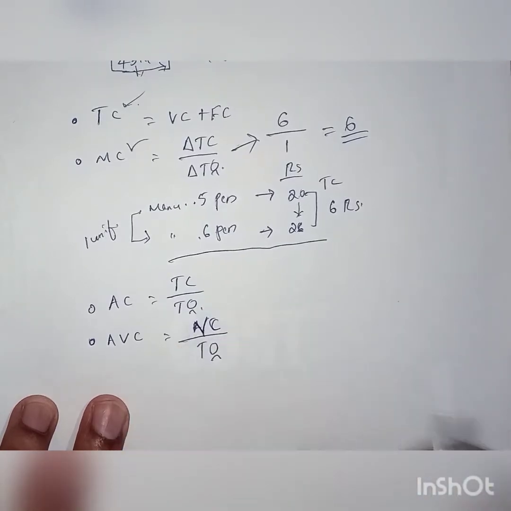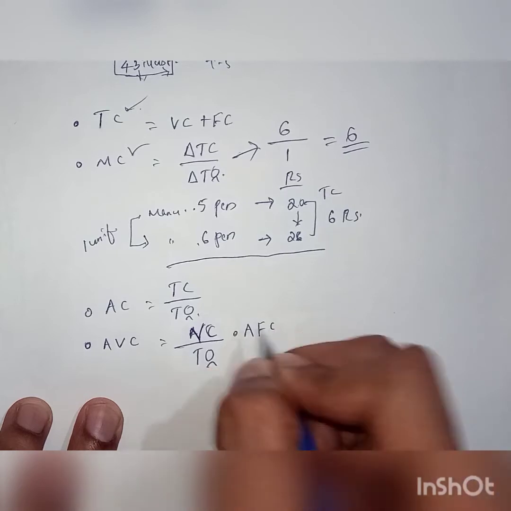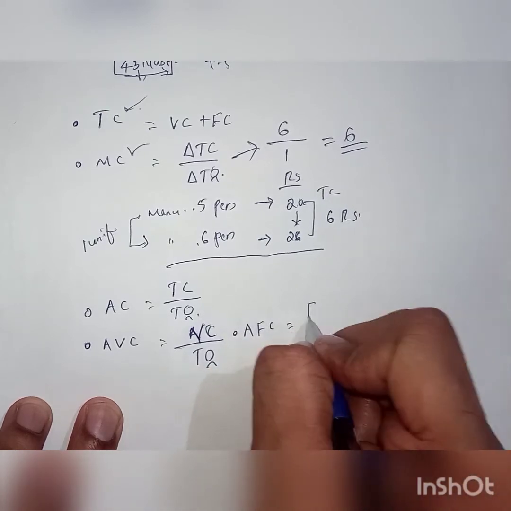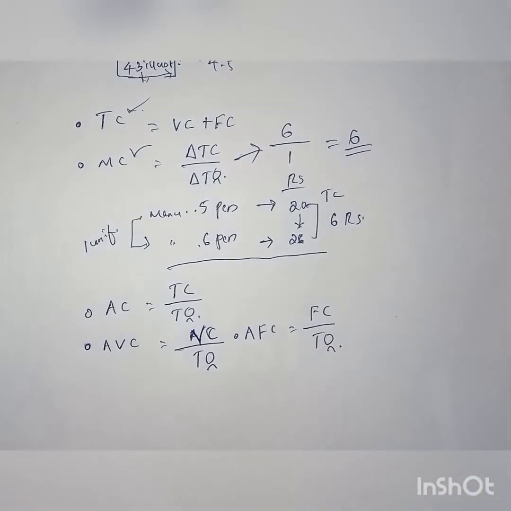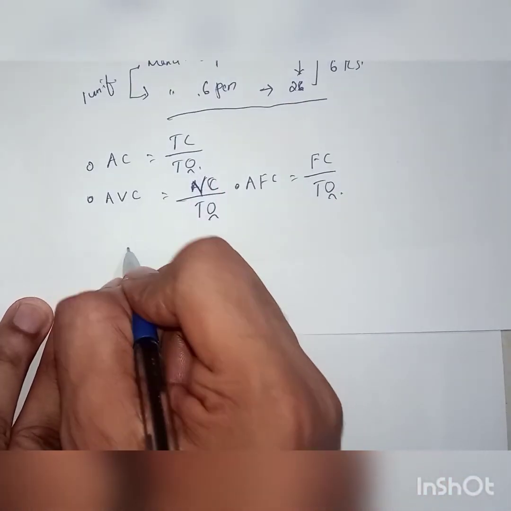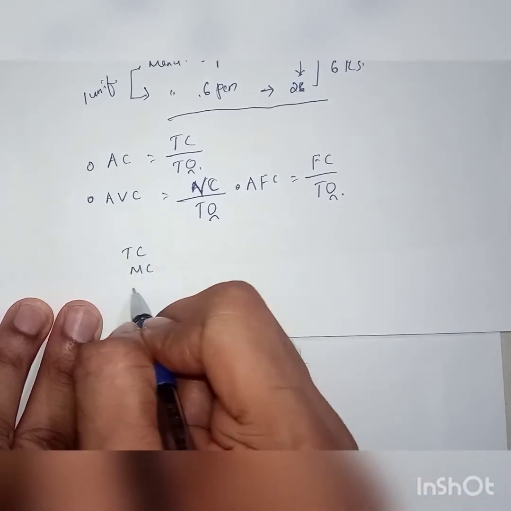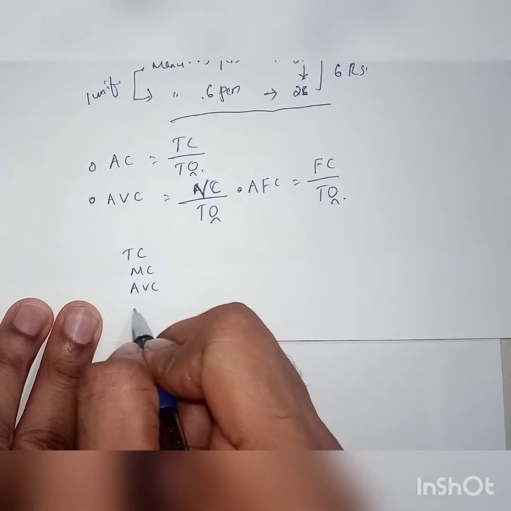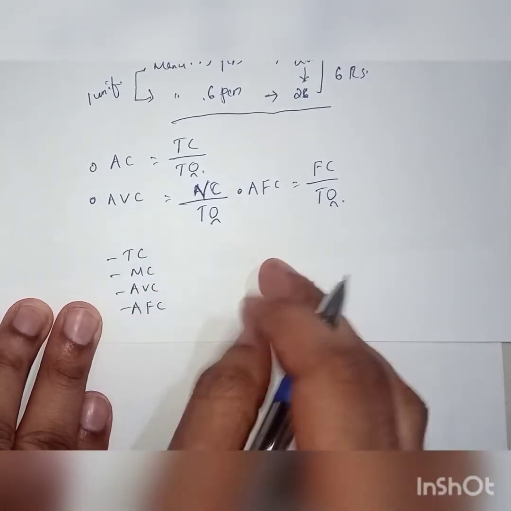Then average fixed cost equals fixed cost divided by total quantity. All these are basic things which you have learned in your costing, nothing more than that. So whatever we have learned: total cost, marginal cost, average variable cost, average fixed cost, these are all the costs.